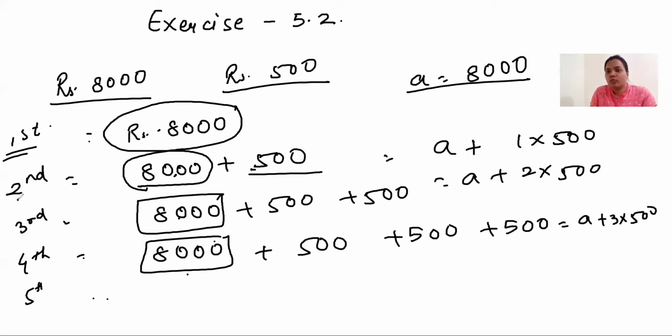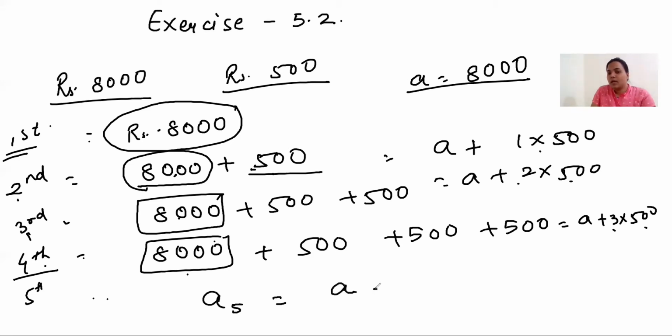It means if we have to find the second term, we are multiplying the difference by 1. If we have to find the third term, we are multiplying the difference by 2. If we have to find the fourth term, we are multiplying the difference by 3. It means we are doing n minus 1. Suppose we have to find the fifth term. What will we do?